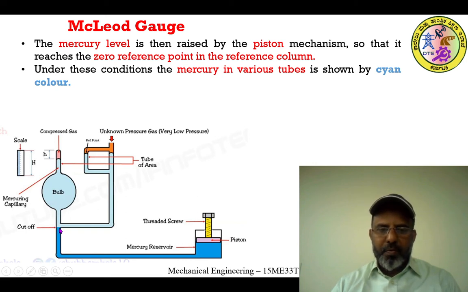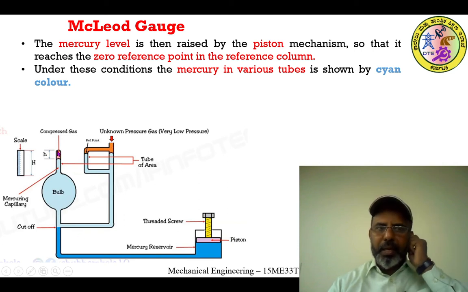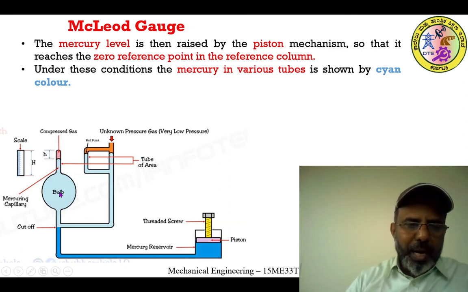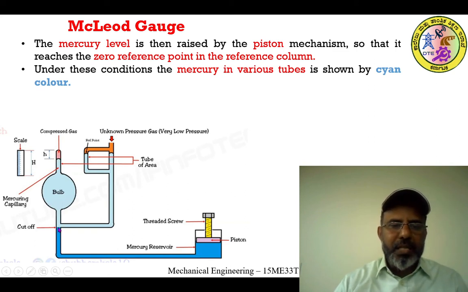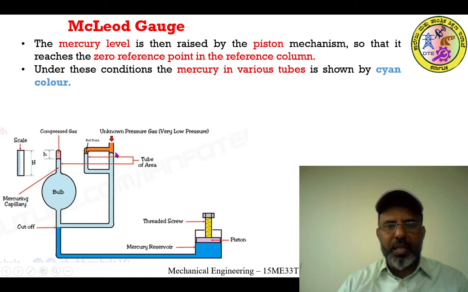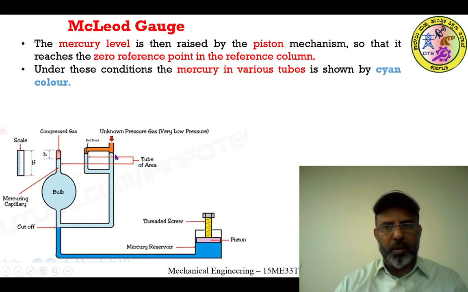Initially, when the mercury level is adjusted up to the cutoff point, the unknown pressure P1 is connected at this gauge point. It fills up the bulb and the capillary, and after filling, the known volume V1 will be trapped in this bulb and the capillary. Then once again we increase the mercury level either by threaded screw mechanism or the piston mechanism till it reaches the zero reference in the reference column.